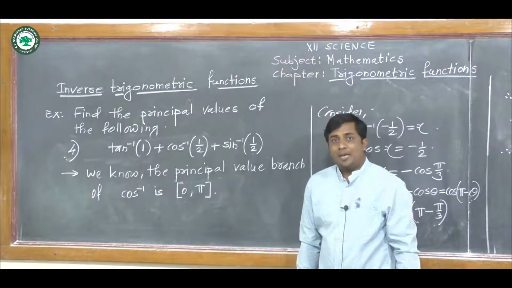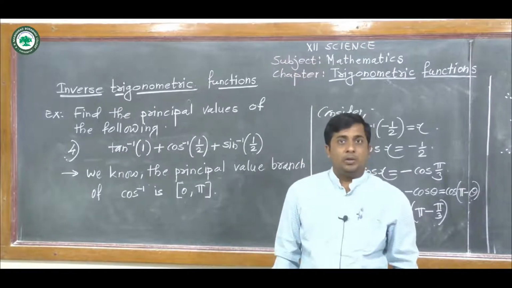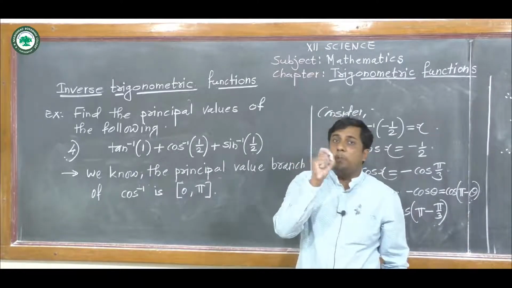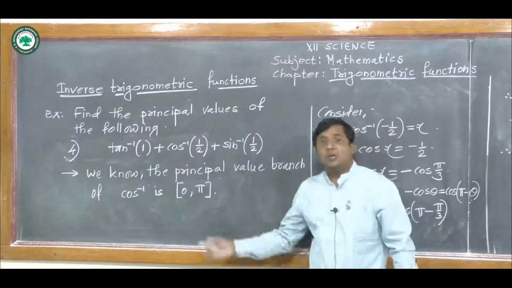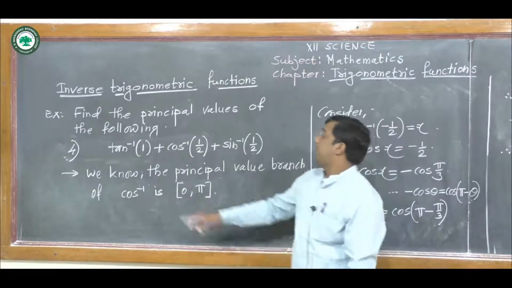Now here for each function we have to find the principal value, and this principal value lies in the principal value branch of the respective inverse trigonometric functions. Okay, so we consider our first one.